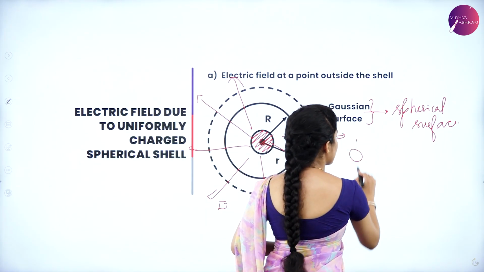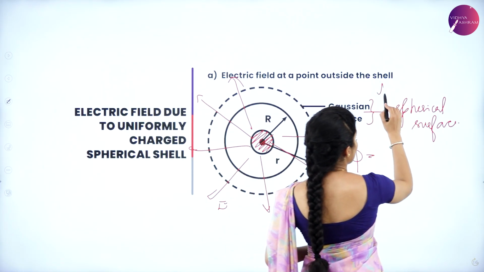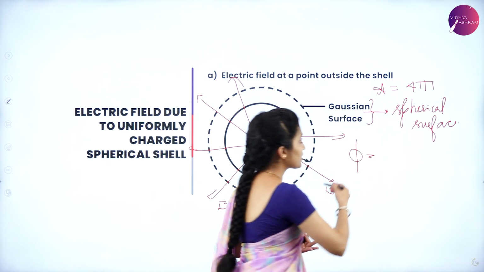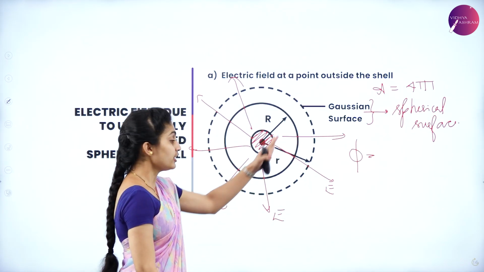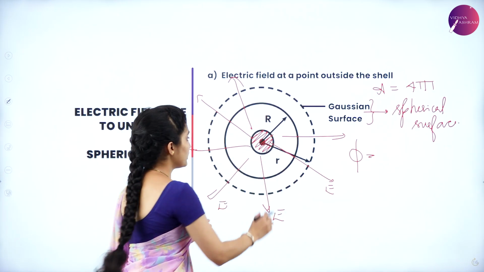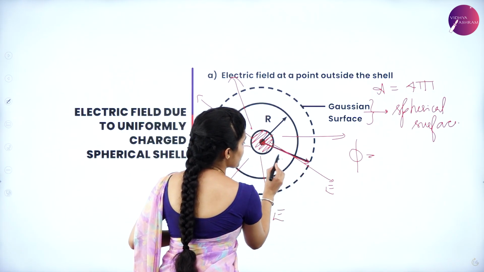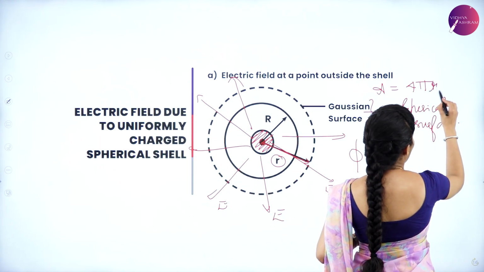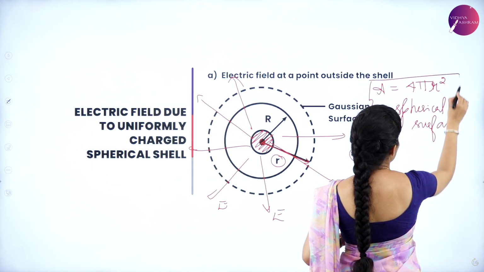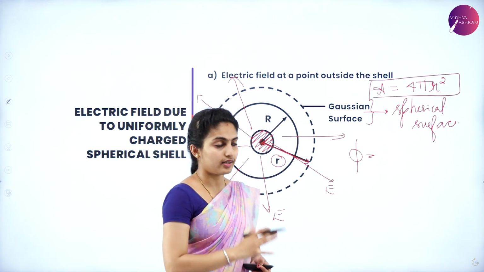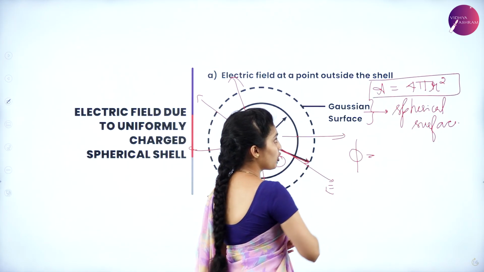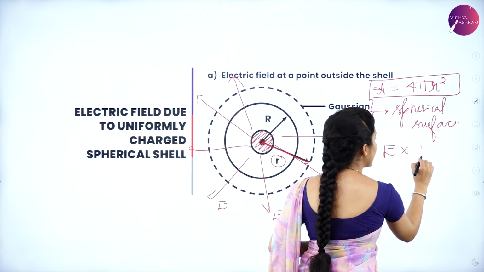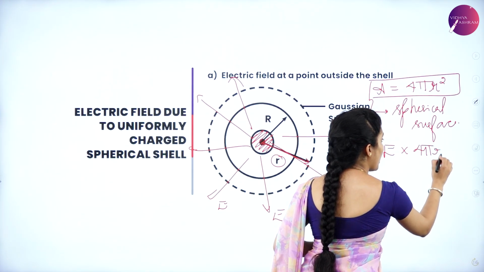Area is said to be 4 pi r square. Here we are considering the area for the Gaussian surface, and the radius of the Gaussian surface is small letter r. So area is equal to 4 pi r square. Now you have got your flux, and flux is nothing but the field into area, E into 4 pi r square.